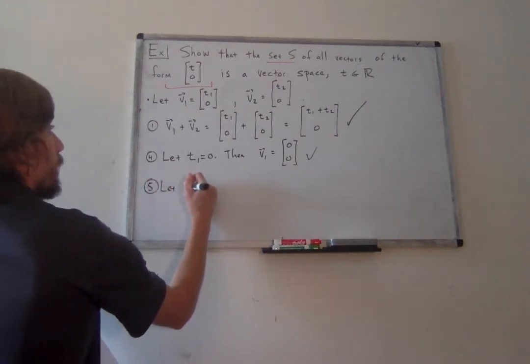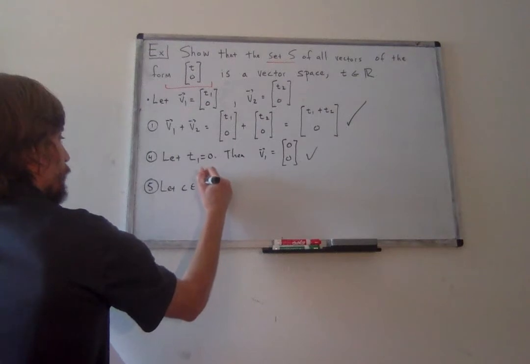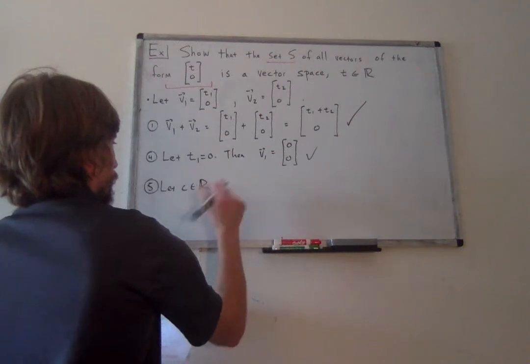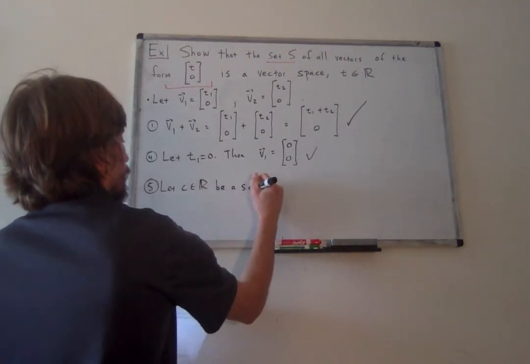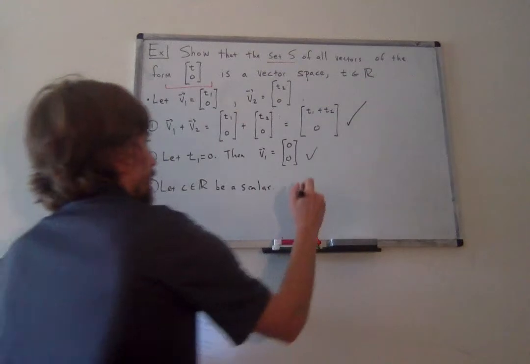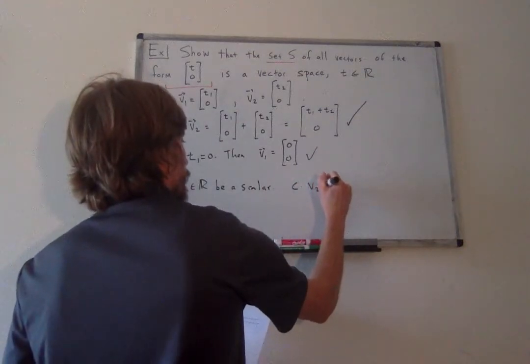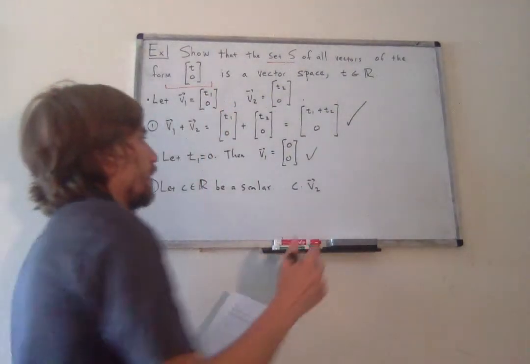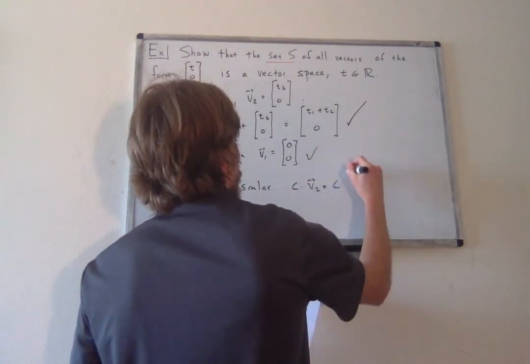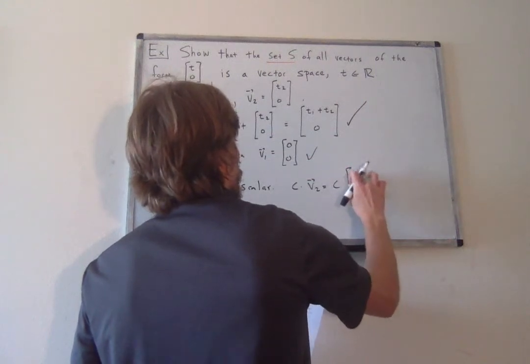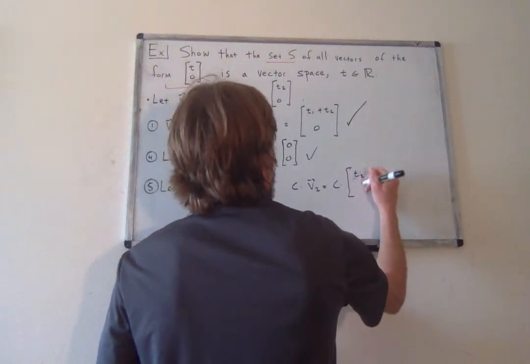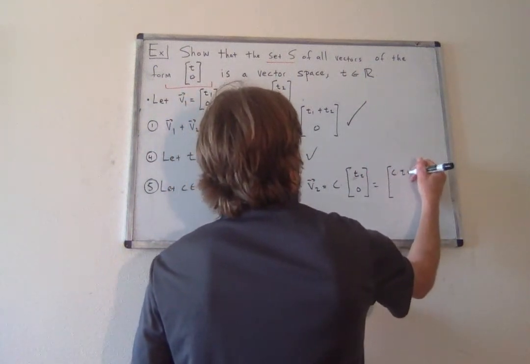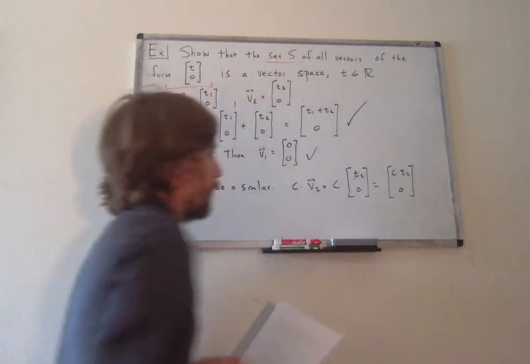All right, next thing, I'm going to let c just be any real valued scalar. So let c be a real number, a scalar. Well, I need to check that c times v2, and here I'll use the vector v2 just for the fun of it, is equal to c times (t2, 0), and I can distribute c through this vector to get the following.